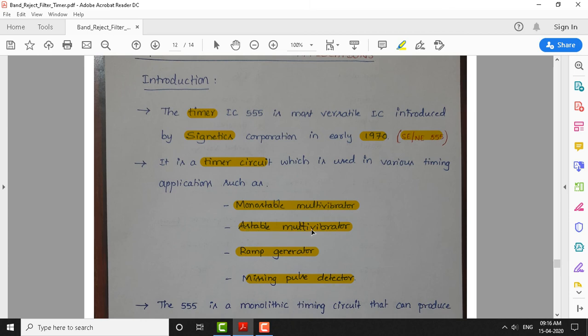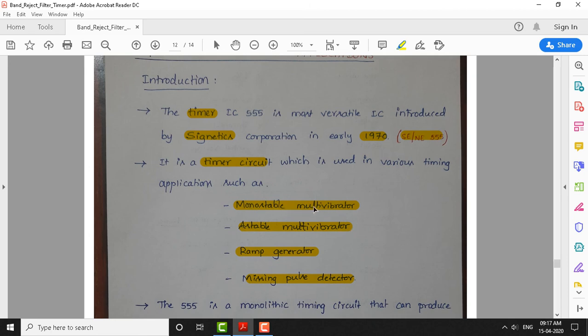Whereas in an astable multivibrator, again there are two states. That's why it's called a multivibrator. Multi means it has more than one state. And here the circuit keeps switching between the two states without any external triggering pulse. In a nutshell, the monostable multivibrator also has two states, and the astable multivibrator also has two states.